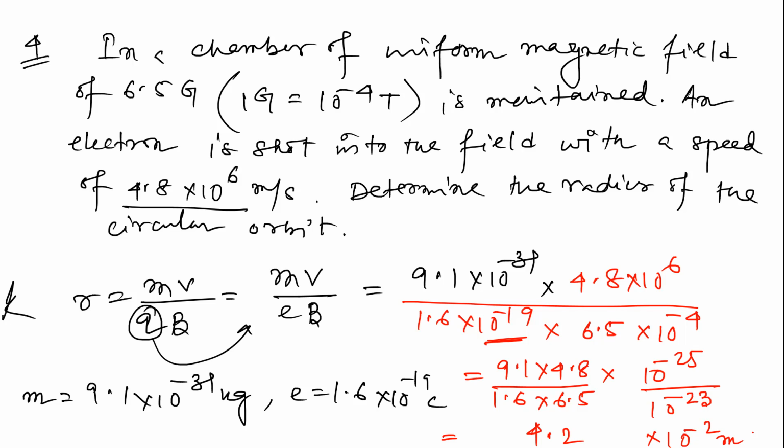In that case there is only one way: just omit the decimal points, so it will be easy. That is 91 into 48 divided by 16 into 65. Just use approximate values: in the numerator assume 90 into 50, and in the denominator 16 multiplied by 65.